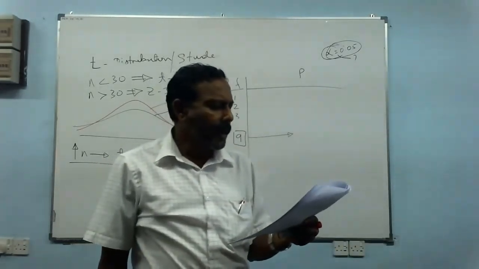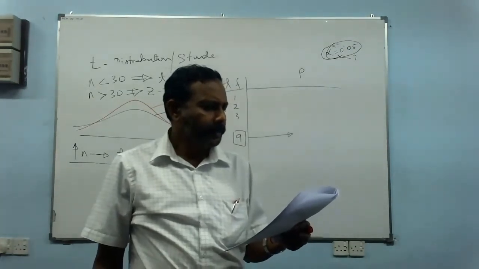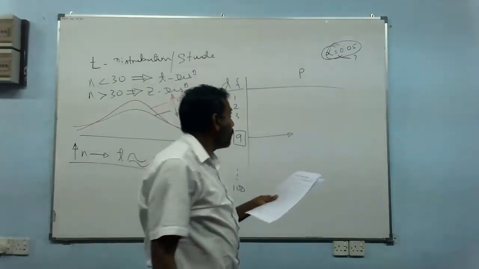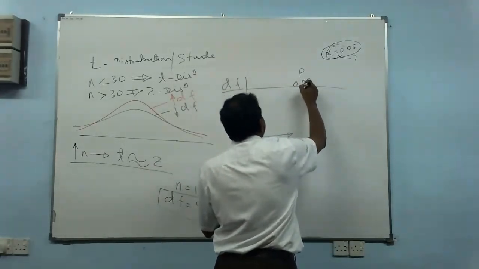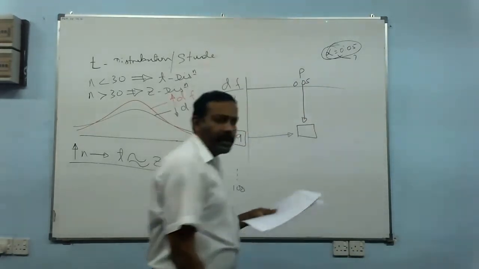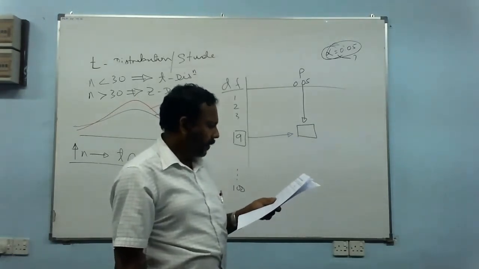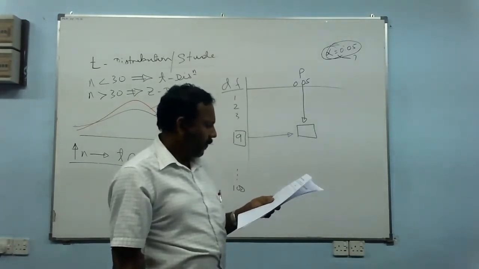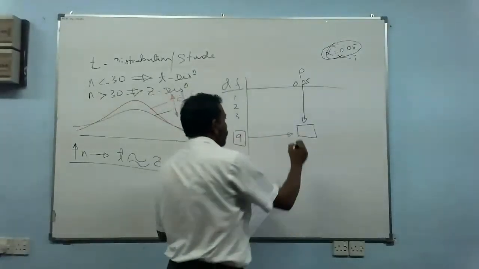You look at the p value directly, 0.05. That value will be your t value. So what is that value? Anyone? 2.262.